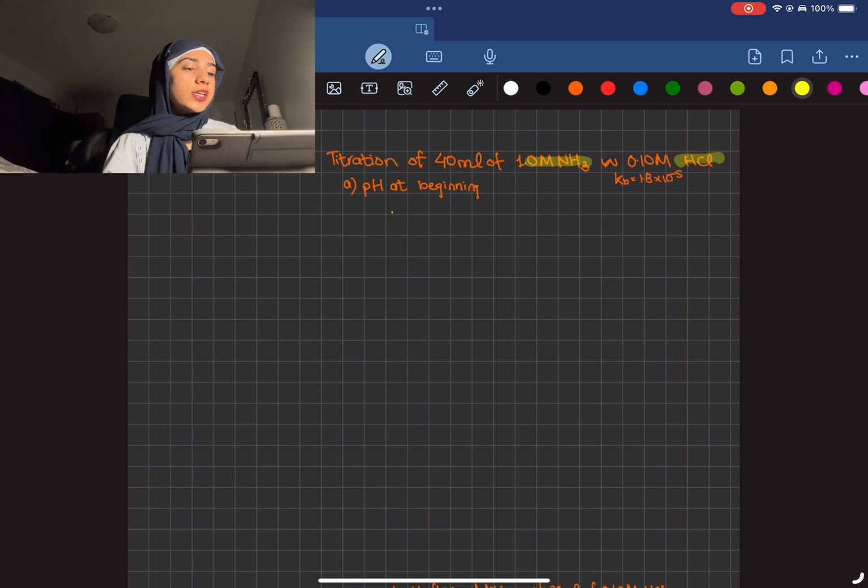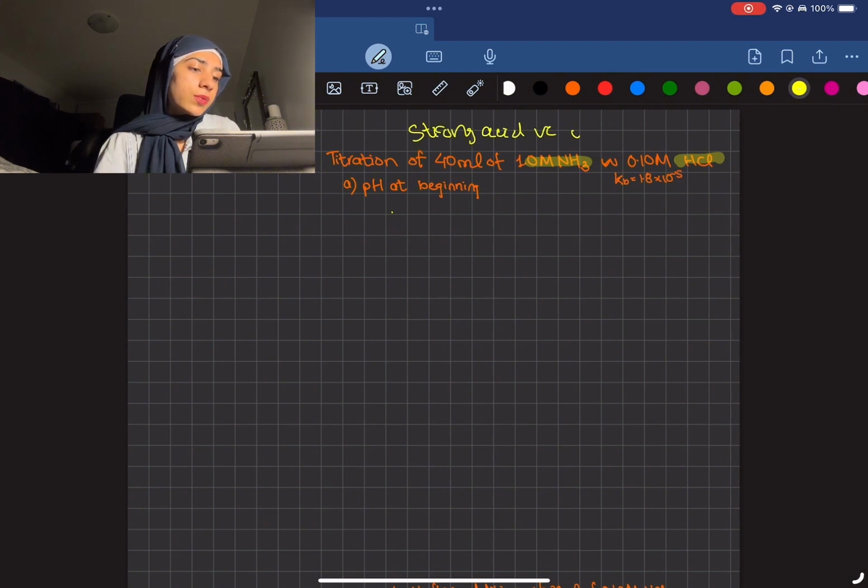It says NH3 is being titrated with HCl, so it's a strong acid versus weak base titration. So in the beginning, all that I have is my base. I'll write down the equation for that.